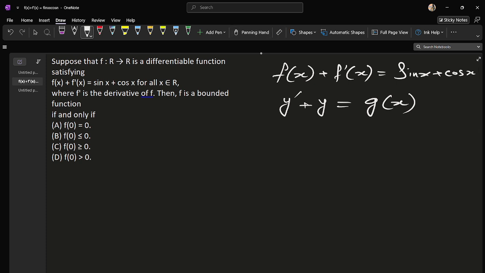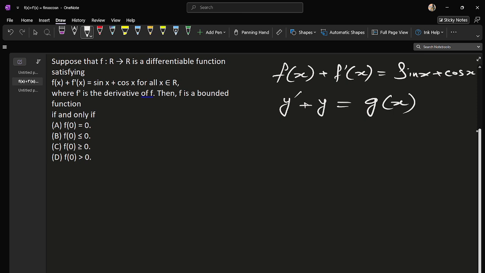Then the auxiliary equation will be m plus 1 equals 0, so m equals minus 1. So our integrating factor in this case will be e to the power x.